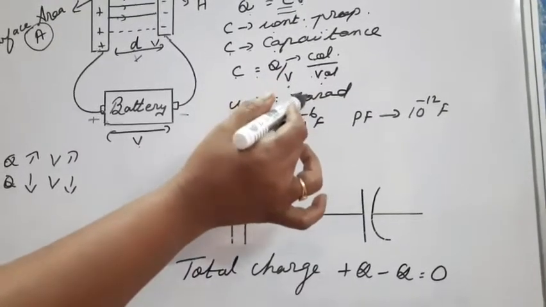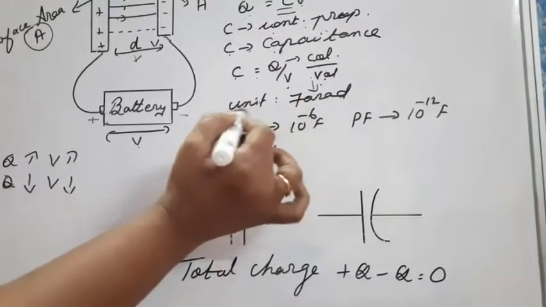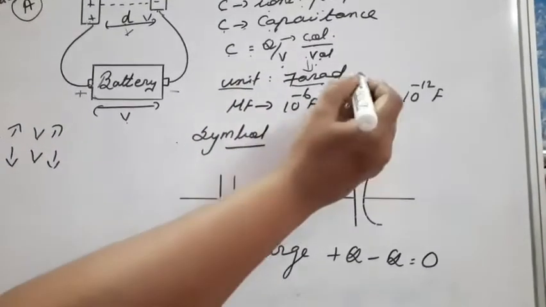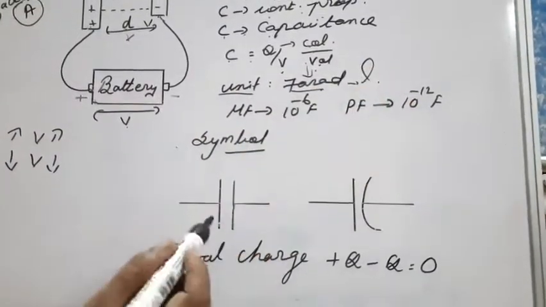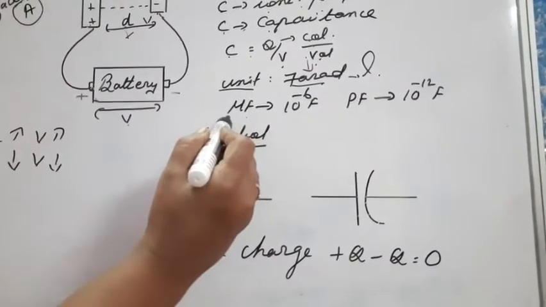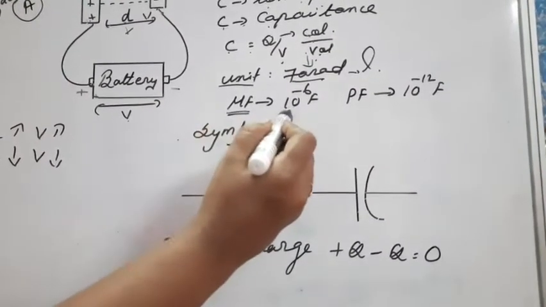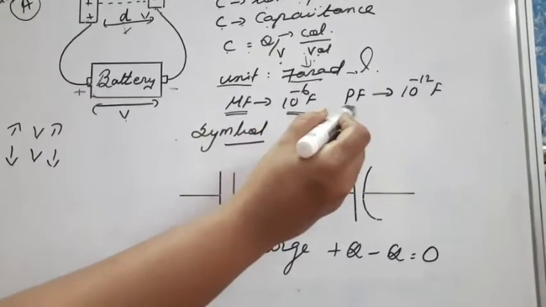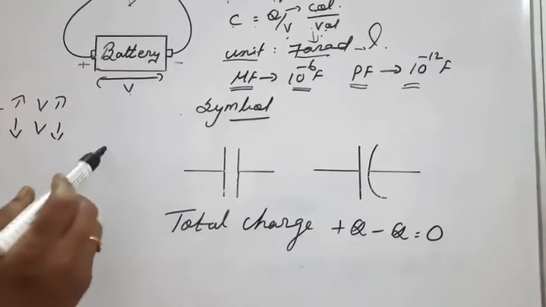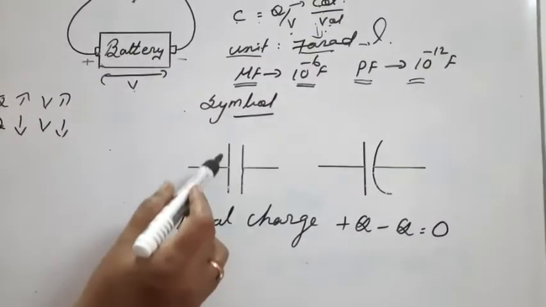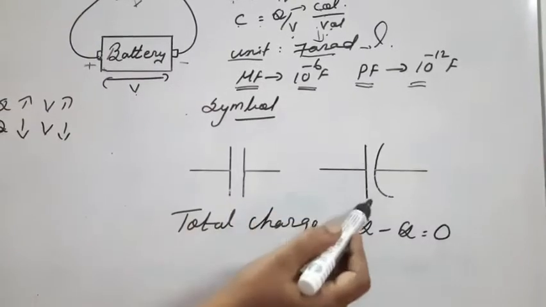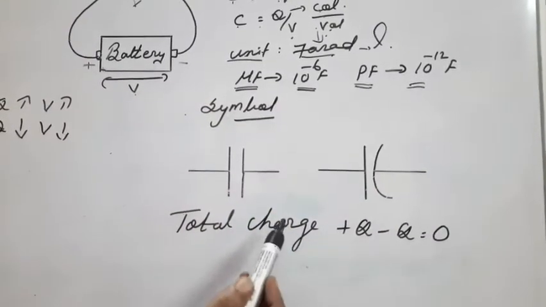But for practical purposes we use the unit farad. The farad is a large value, which is why we use smaller values in practice: 1 microfarad is 10 to the power of minus 6 F, and 1 picofarad is 10 to the power of minus 12 F. For the symbol, we draw two equal parallel lines, or else one straight line and one curved line.